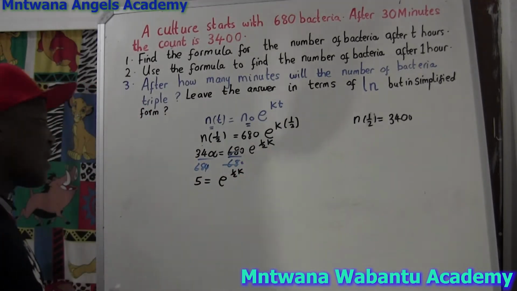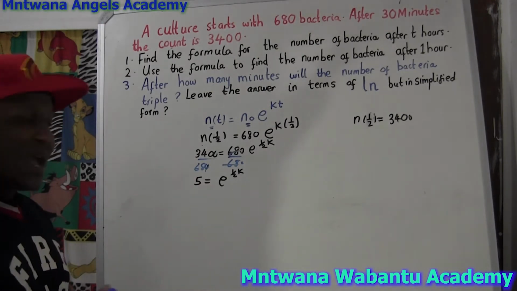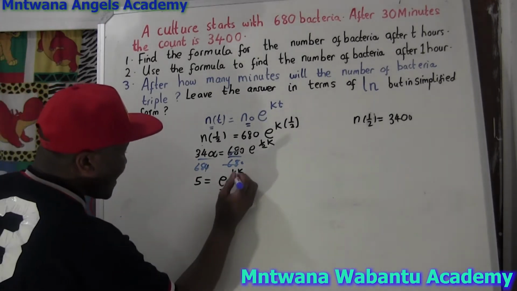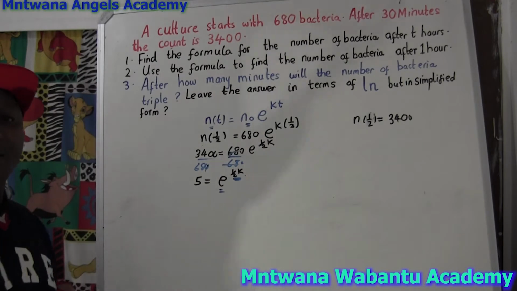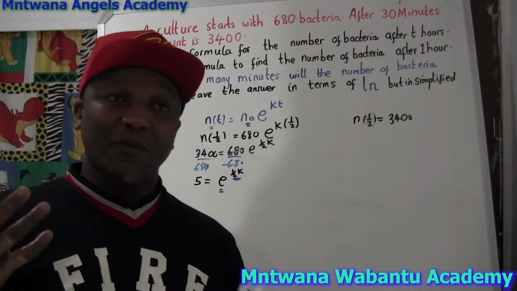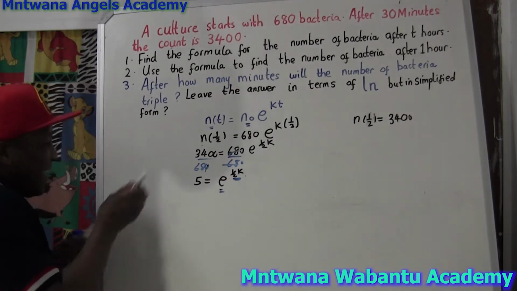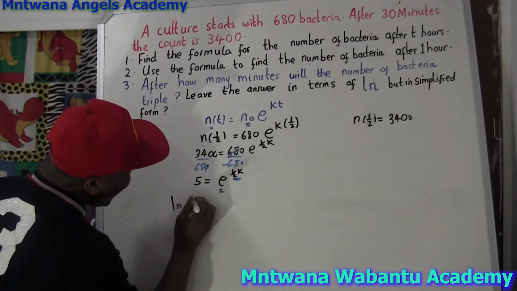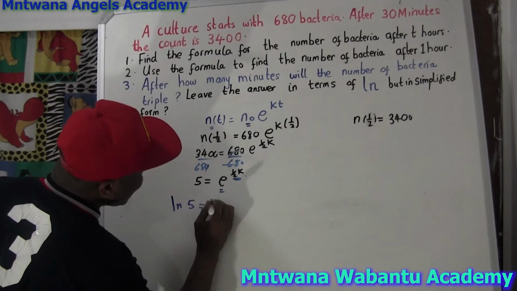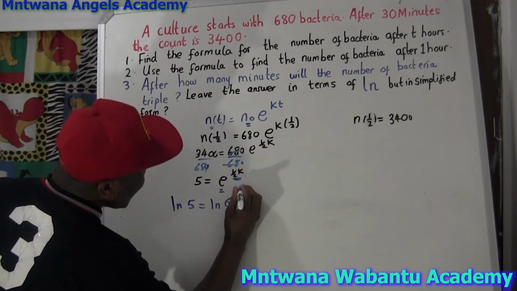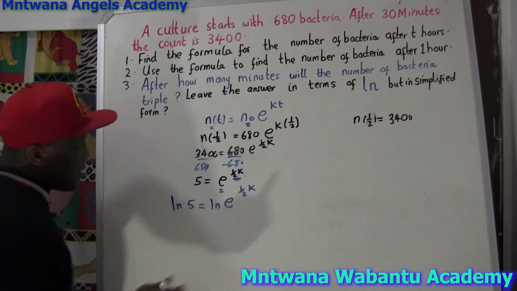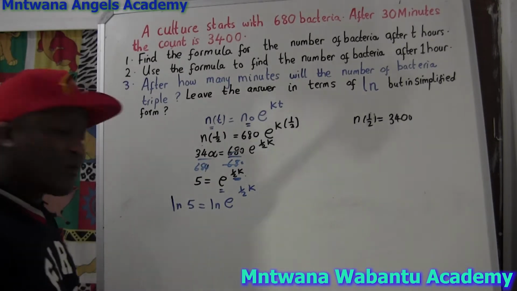So just like I always say, whenever you have an e here and you're looking for the exponent, what should you apply? ln, or log. Some people call it ln, log, whatever. So this will be ln of e^(half k).